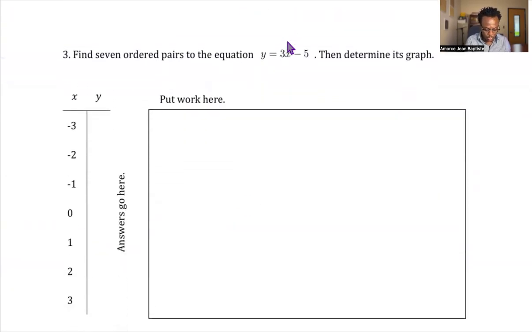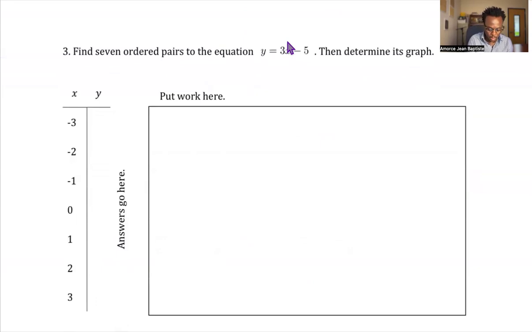All right, so the last one here is the same technique. So let's go ahead and do x equals -3. So y is going to be 3 times -3 minus 5. So that's -9 minus 5, -14.